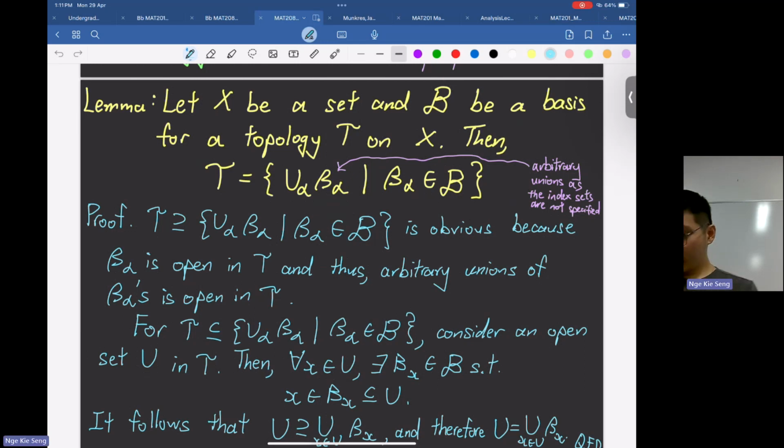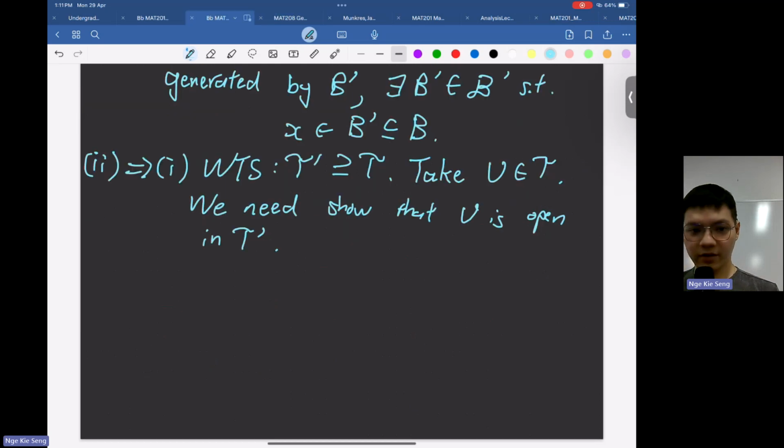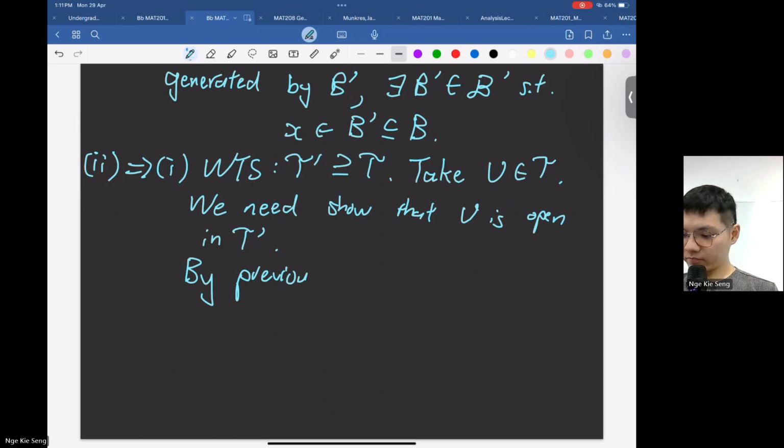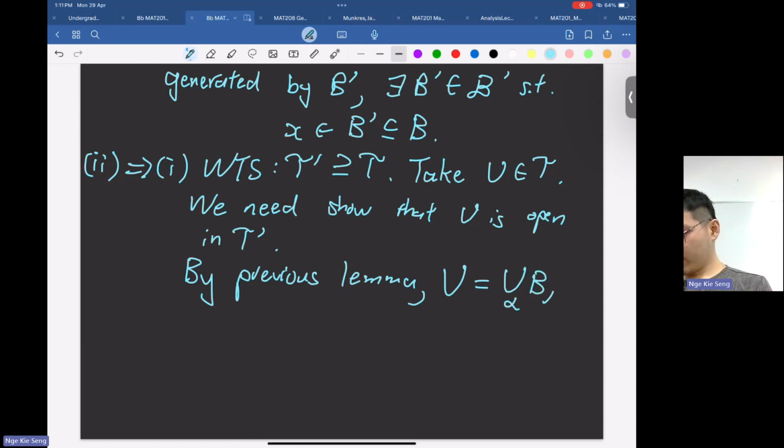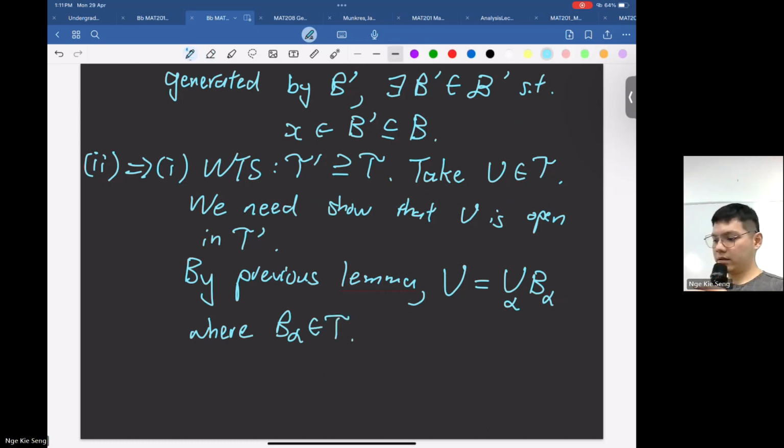So from the previous lemma, U equals the union over alpha of B alpha, where B alpha is in the basis of T. What's the good thing about this?